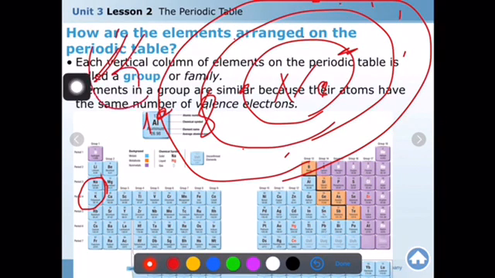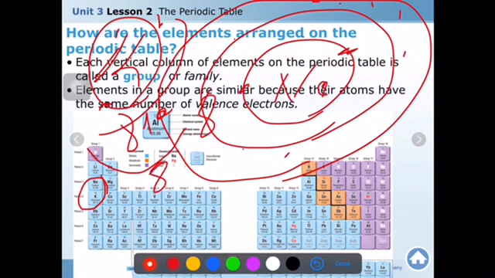Potassium is the same. It also has 1 electron in the outermost layer. In the first one it has 2. In the second one it has 8, total 10, right. In the third one it has again 8. In the fourth one it has 1. You see, it is now 19.